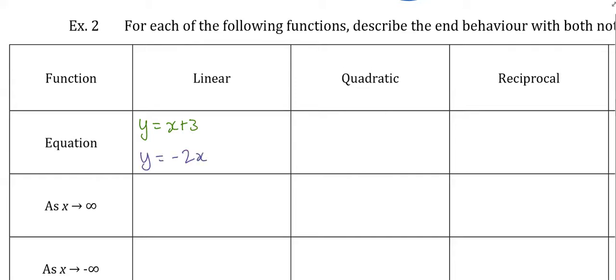So what would the x plus 3 graph look like? It's got a y-intercept of 3, and it's sloping that direction, a positive slope. And what would the other one look like? It would be sloping the other direction, a bit steeper, and it would go through the origin. Don't worry too much about those specifics, but that's what they would look like. Again, those lines more or less match the colors there.